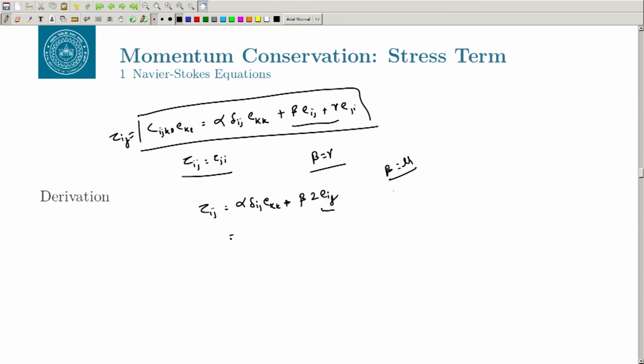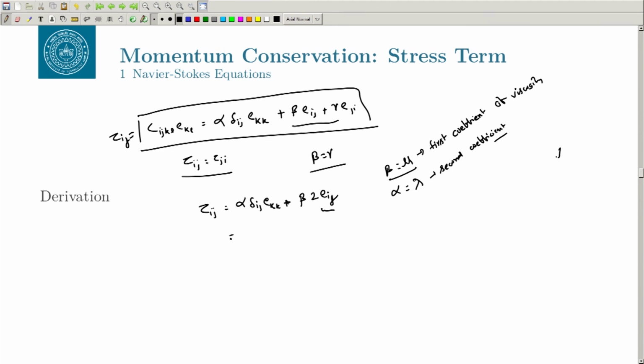And then alpha is also a viscosity, which is denoted as lambda. So, this is called the first coefficient of viscosity, and this one is the second coefficient, and this is related to the bulk viscosity, and it will only act when your dilatation is not 0.